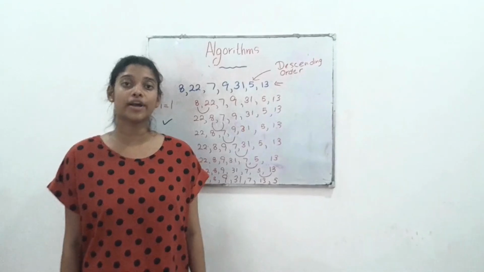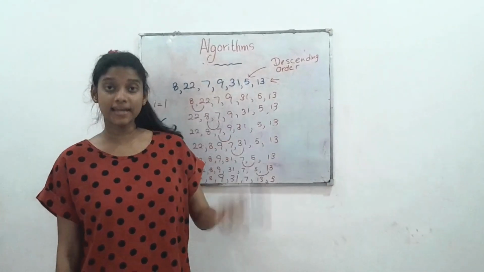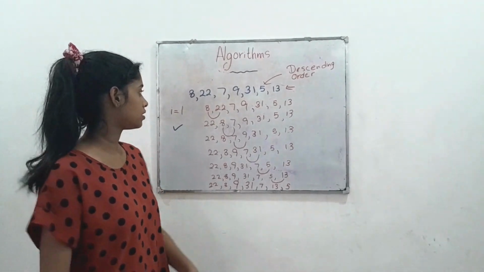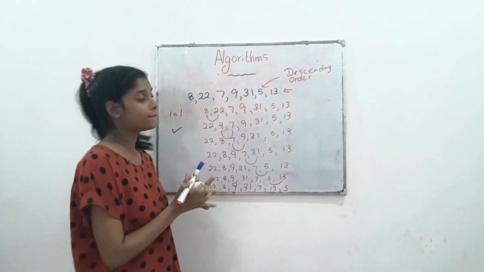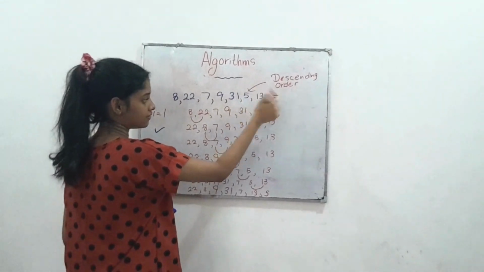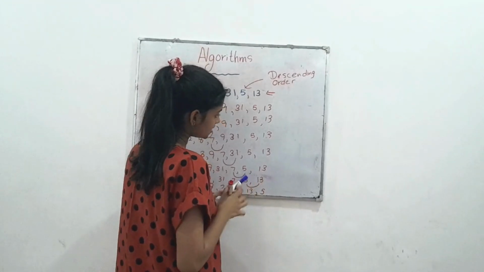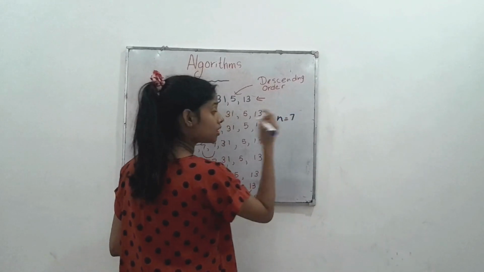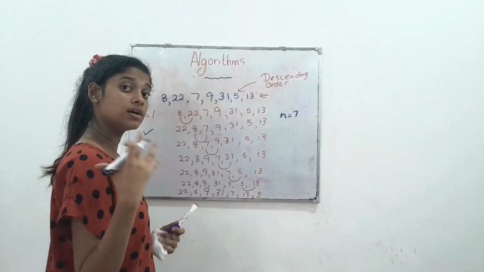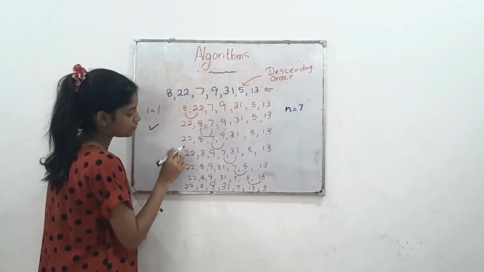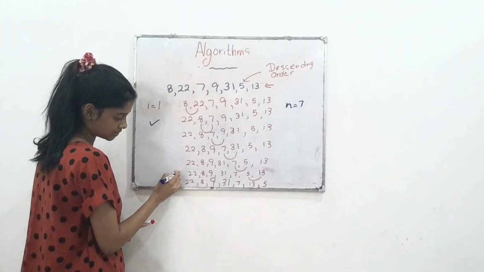Before going to the next round, I have to highlight one point. How many numbers are in here? 1, 2, 3, 4, 5, 6, 7. So there are 7 numbers here. Let's check how many loops there are now: 1, 2, 3, 4, 5, 6.